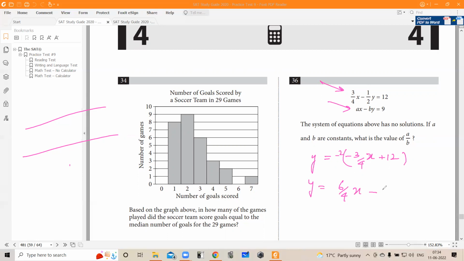So y is equal to 6/4 x and 12 times −2, which is −24. 6/4 can be simplified as 3/2. So y equals 3/2 x minus 24. What's the slope? 3/2. Correct.